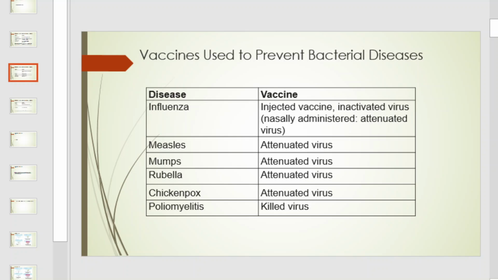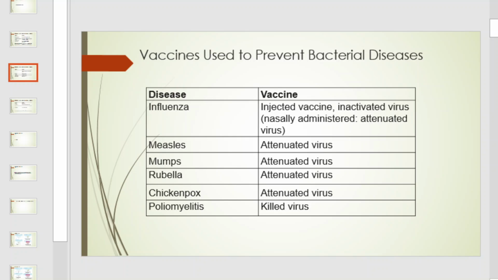The flu, or influenza, has a vaccine that is administered and produced in 2 different ways. The injected vaccine is produced using an inactivated virus cocktail based on the strains most prevalent at the time. The nasally administered vaccine uses an attenuated virus with the same parameters.